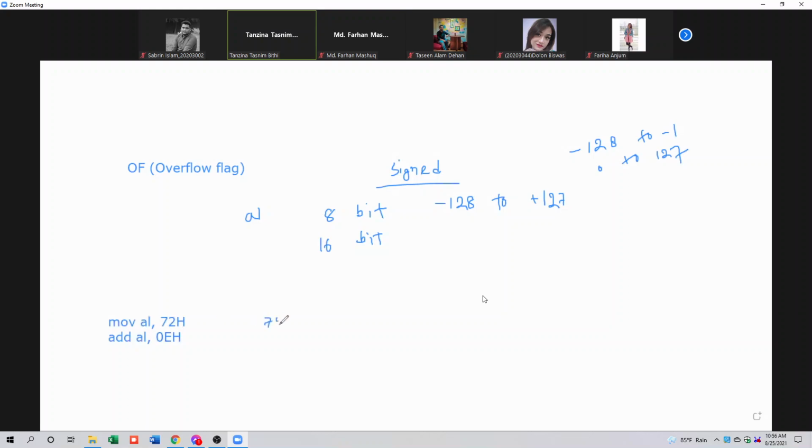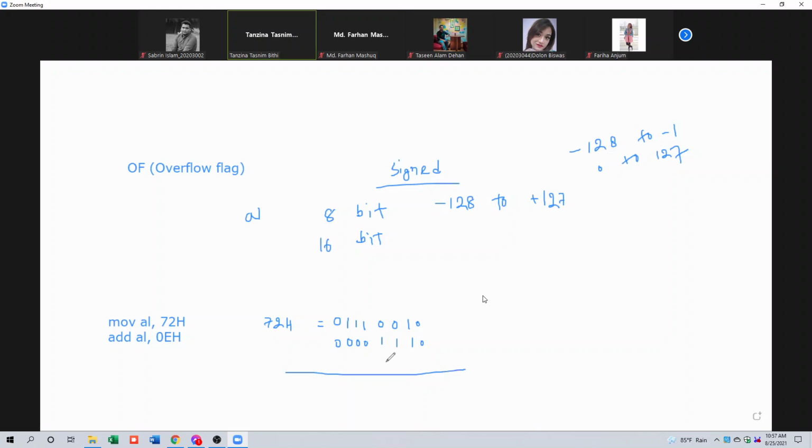What is the binary representation of 72H? It will be 0, 1, 1, 1, 0, 0, 1, 0, right? And then add 0EH to this number. The binary representation of 0EH will be 0, 0, 0, 0, 1, 1, 1, 0.